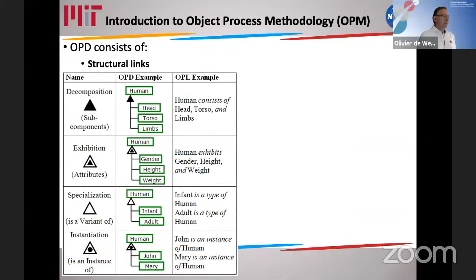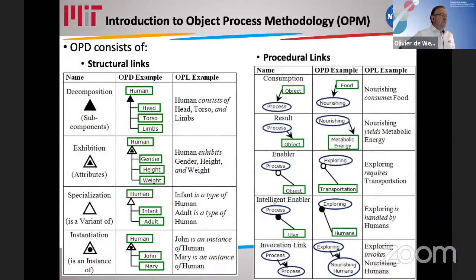And so in object process methodology, we have different types of links. We have structural links, which are links between objects. And some of this gets a bit abstract, but I found honestly that anybody can learn this. A middle school student can learn this. A high school student can learn this. It's very, very helpful to clarify the thinking.